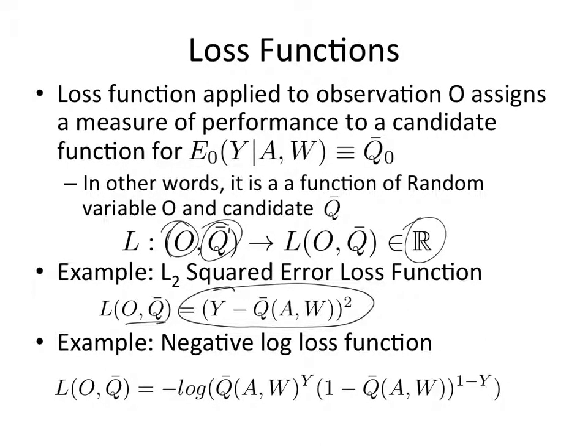That's one. Another one is for, let's say, Y binary. The likelihood is just a function of the probability itself. Q of A, W, in this case, is going to be the probability.